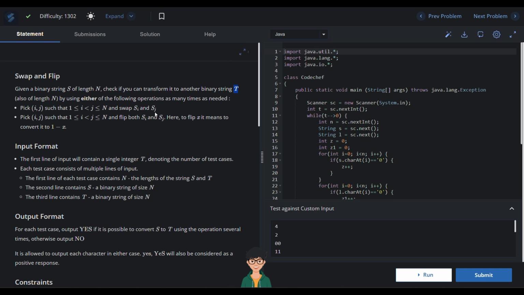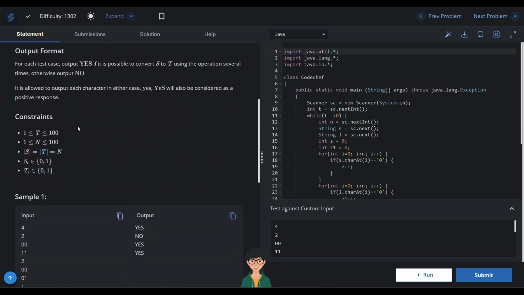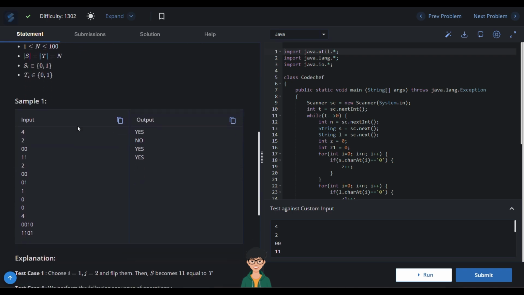The operations you can perform: the first is to swap two characters of the string, which are 0 or 1. The second operation is to flip bits, but you can't flip only one bit, you have to pick two bits and flip both. You have to tell whether you can or you can't.